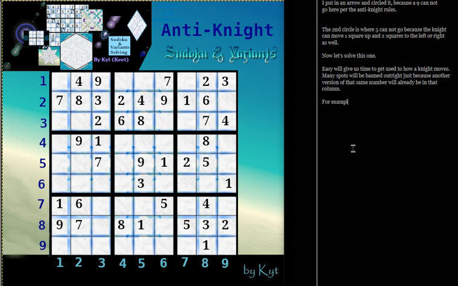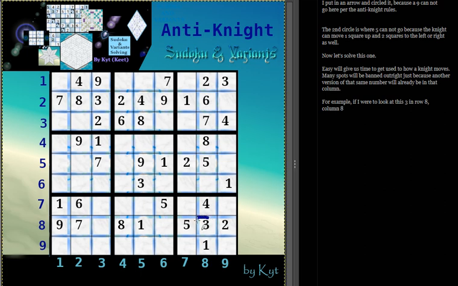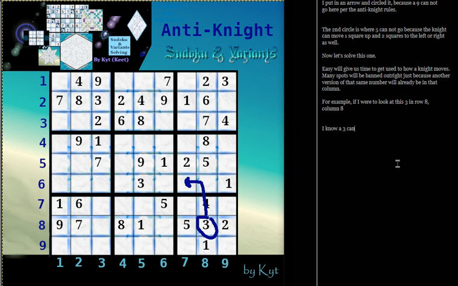For example, if I were to look at this 3 in row 8, column 8, I know a 3 can't go in this box the arrow is pointing to because it violates anti-knight rules, but also there already is a 3 in this row.